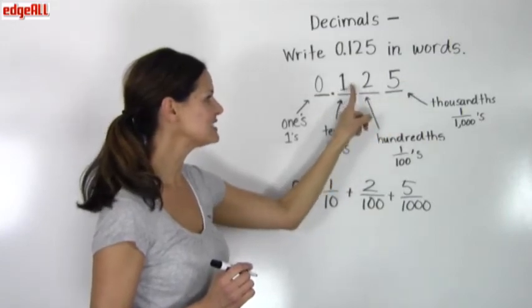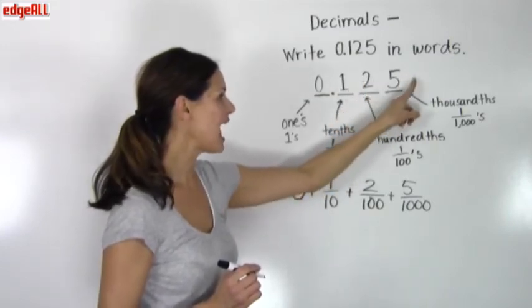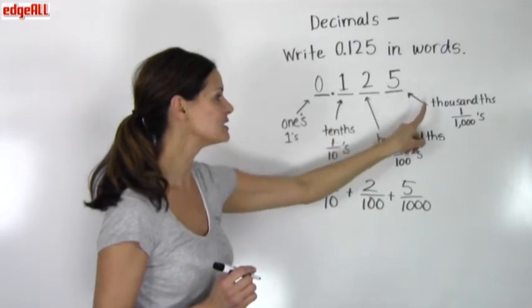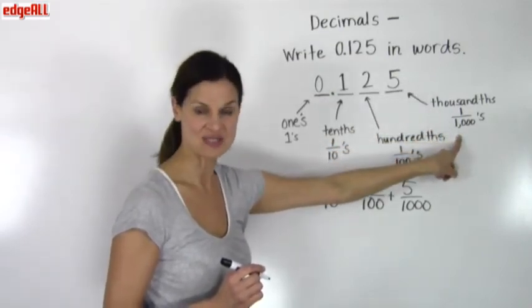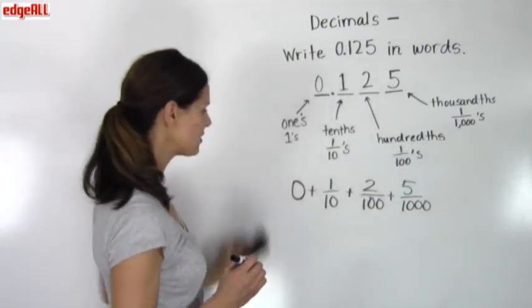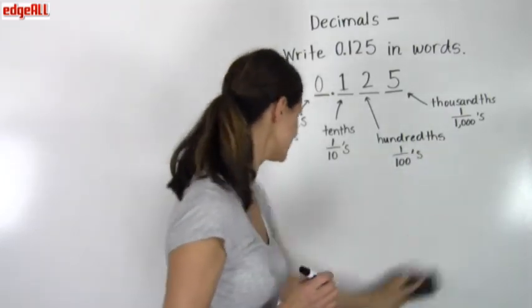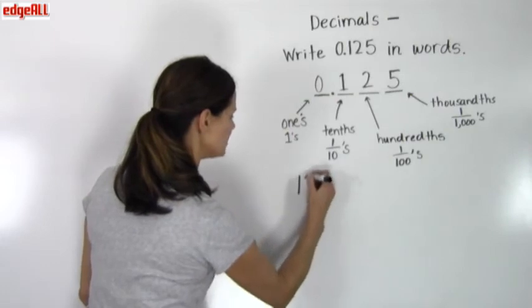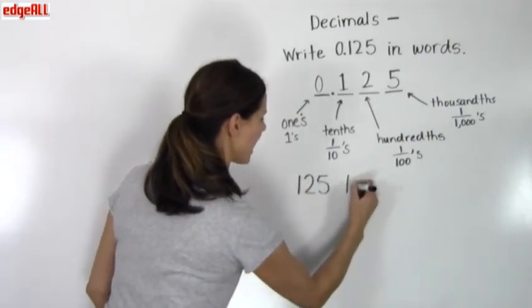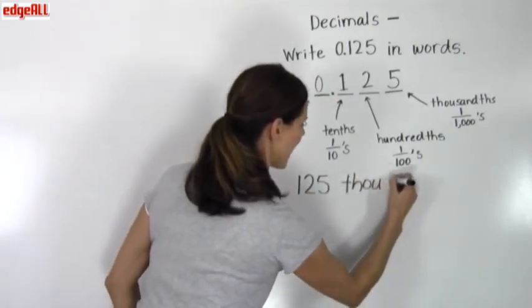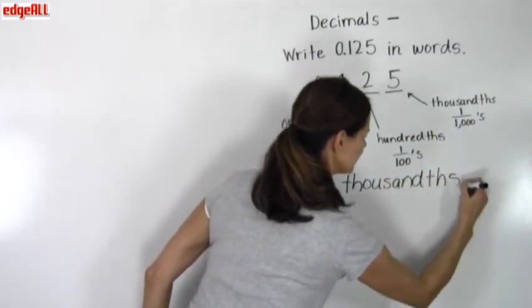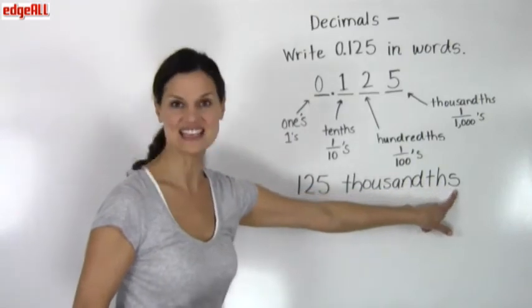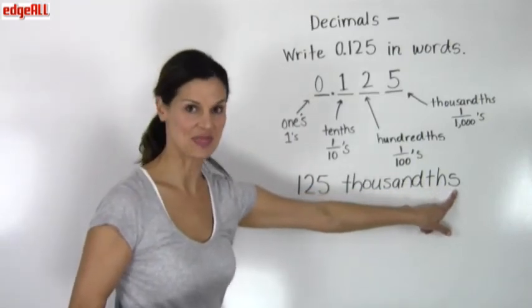So I read this as a whole number, and then I add just the smallest decimal place value of thousandths. When I read this number, I say 125 thousandths. I need to make sure that I have this S at the end, thousandths.